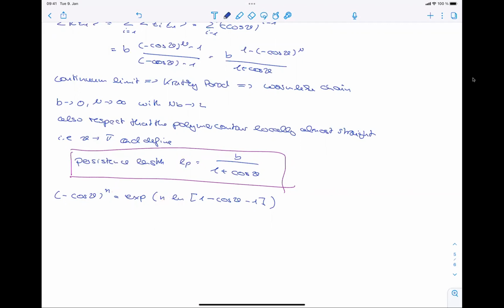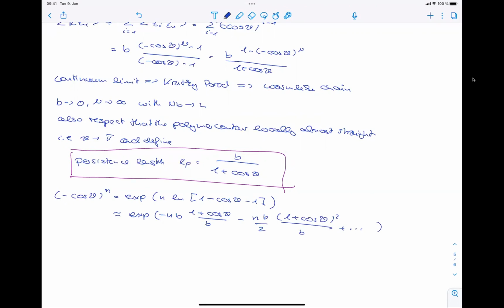And we do this because now we can expand the logarithm to get minus nb over 1 plus cos theta b, and in terms of deviations from 1, nb squared, no, nb order 2, second order will be, and so on.